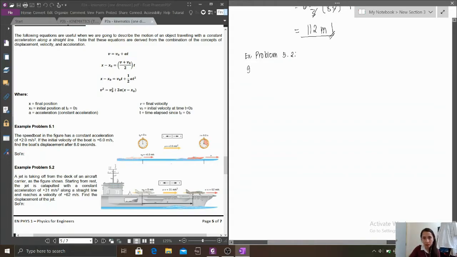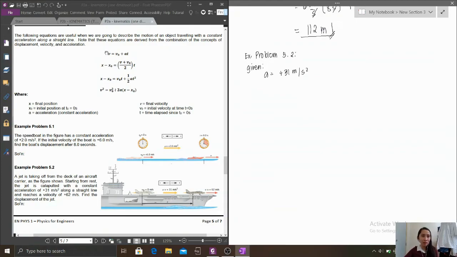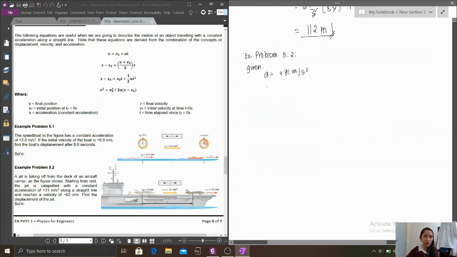So, again, the given: constant acceleration is equal to positive 31 meters per second squared. Reminder nga pala, itong mga equation na to, pwede lang natin siyang gamitin kapag ang acceleration natin ay constant. Next, we have the final velocity, that is positive 62 meters per second. Find the displacement of the jet required.